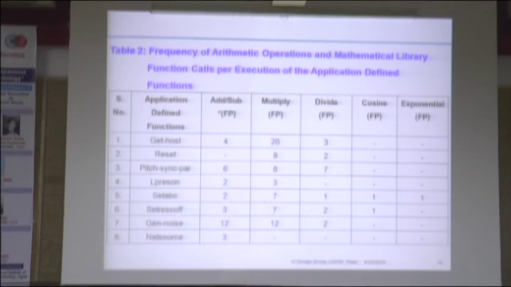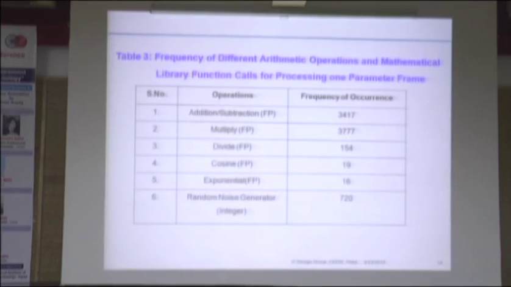It requires 4 addition subtraction operations, and all these operations are floating point, not fixed point. It requires 4 addition subtraction operations, 20 multiply operations, and 3 floating point division operations. You can see the table here; all these operations require this much number of operations.